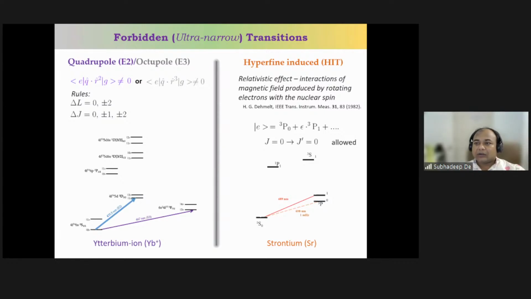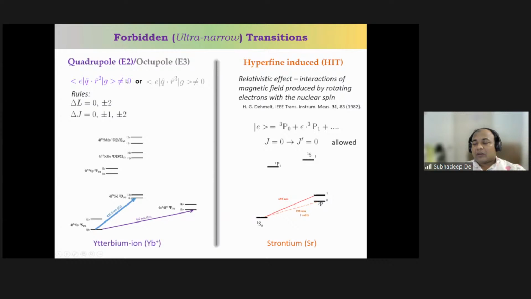These are classically not allowed, but through quantum mechanics they are allowed, and these transitions can be driven. So here you see, probably in your textbook you have written the matrix element for electric dipole transitions, which typically all of us read, where this element is charge times r, but here it is r squared, or it is r to the power 3.